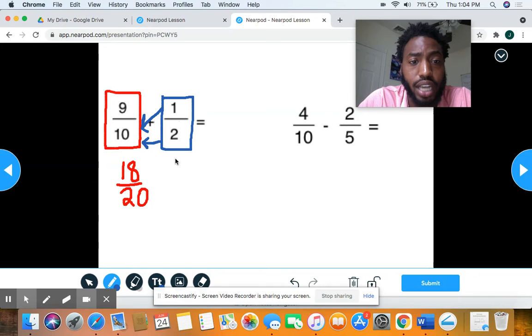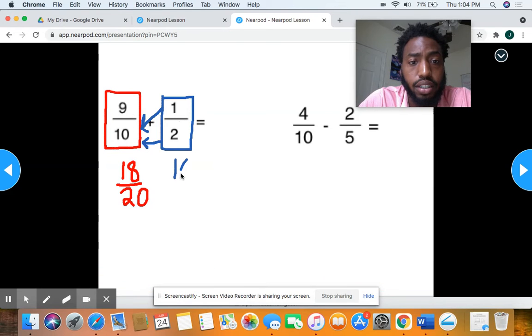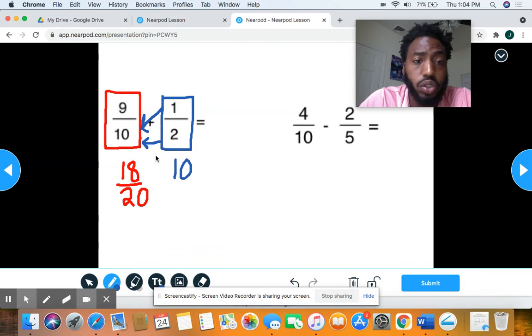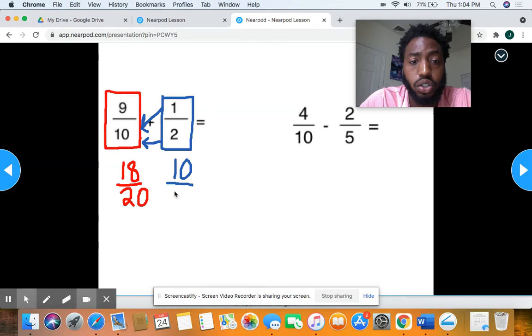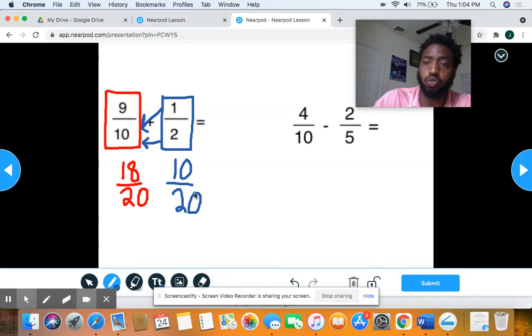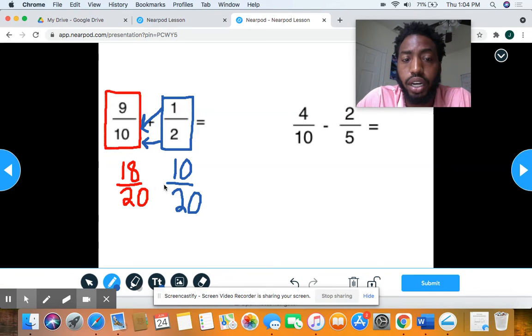So I do 1 times 10, that's 10. I do 2 times 10, that's 20. And now it's very important to pause right here because we have to check to make sure that we have our common denominators.